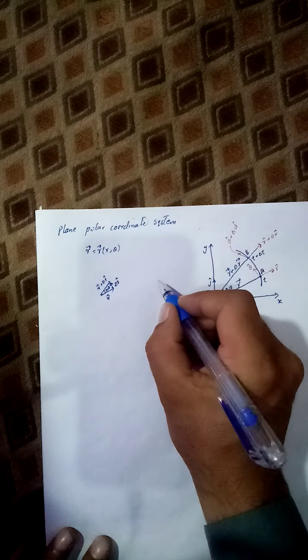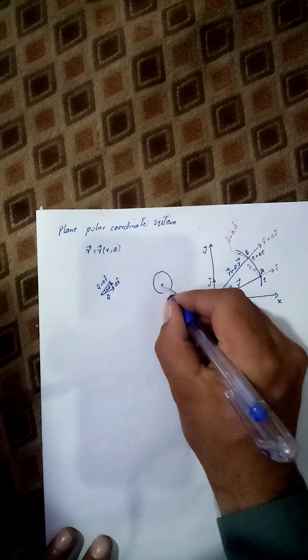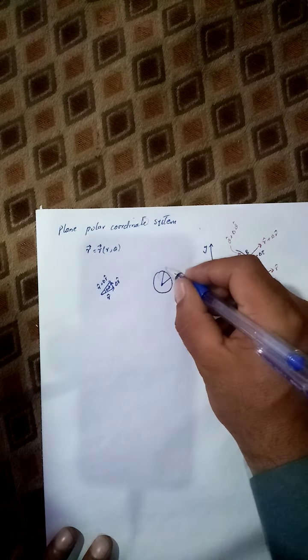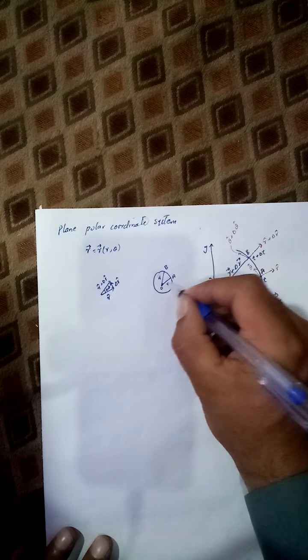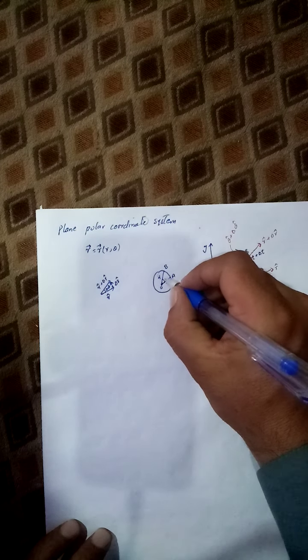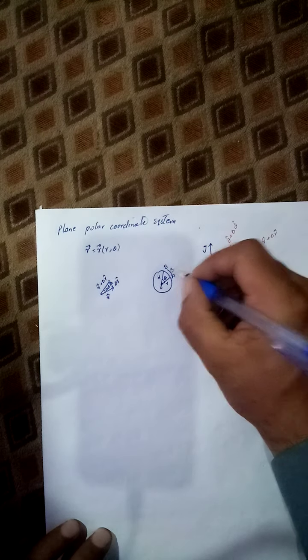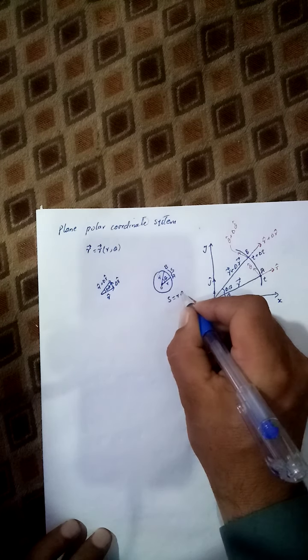As we know, if a particle is moving in a circular path of radius r, suppose the particle is at point A and after some time it reaches point B. The distance from the origin to A or B is r because it's the radius of the circle, and it makes a small angle theta. So this arc length s can be calculated using the relation s is equal to r theta.